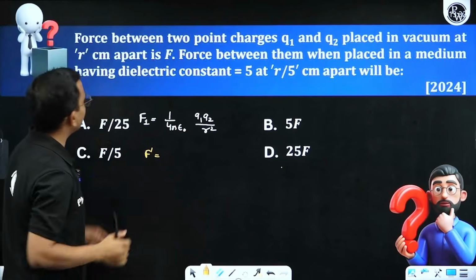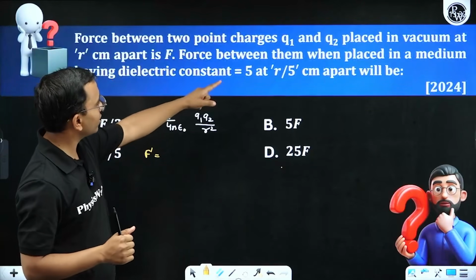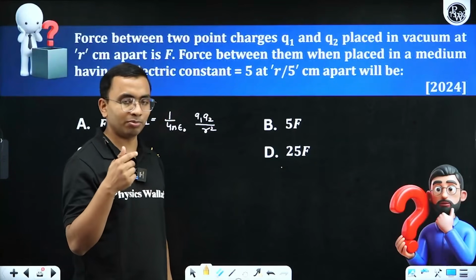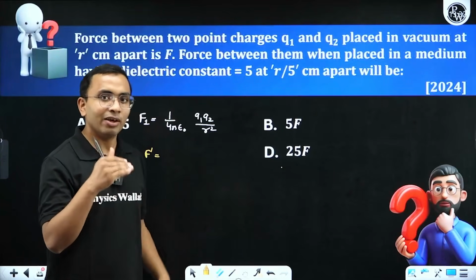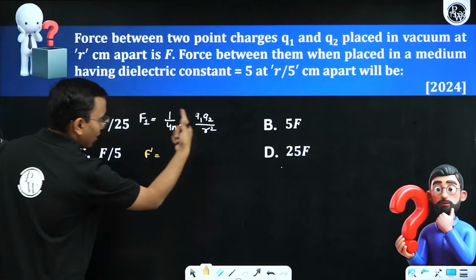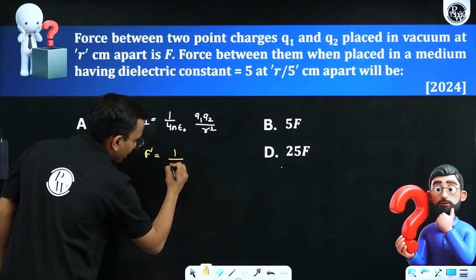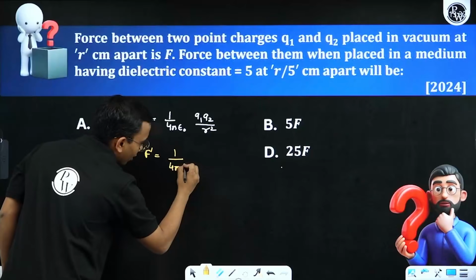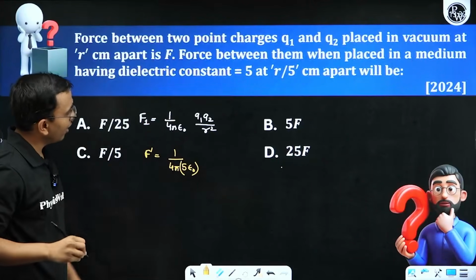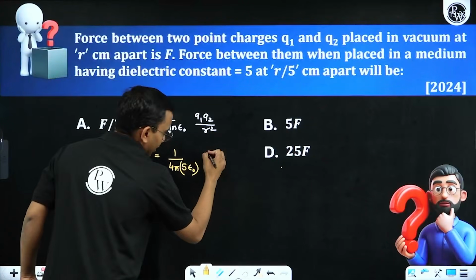Now here it is mentioned that the dielectric constant of the medium is 5. It means the permeability, not permeability, the permittivity will become 5 times. So epsilon will be 5 times of epsilon naught. Like this. Q1, Q2, they are the same.